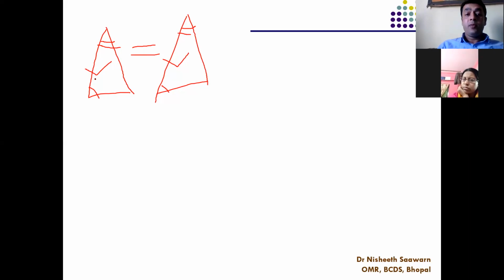It says that if two angles and the side between them in two triangles are equal, then these two triangles will be equal in all aspects.